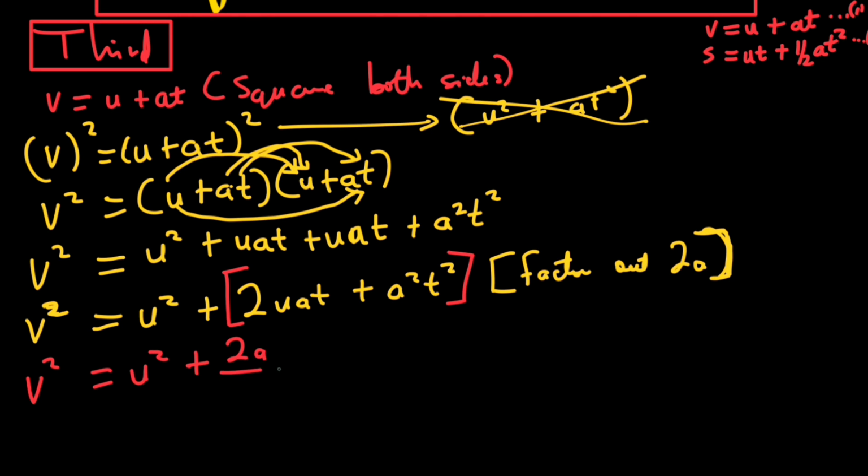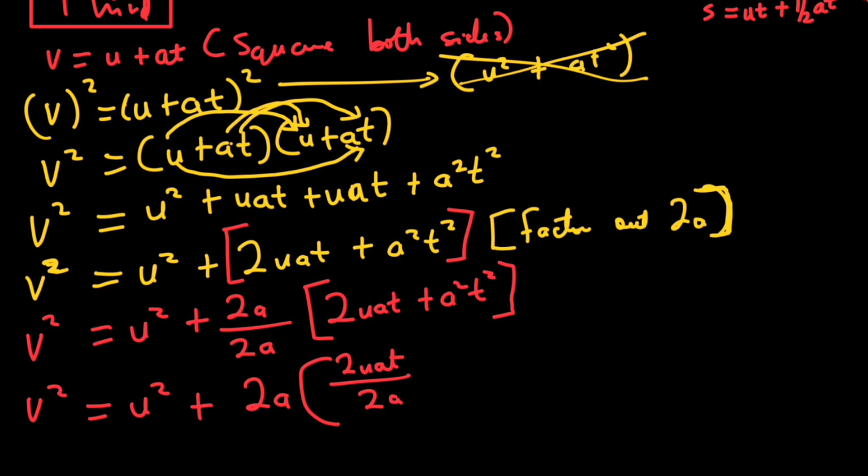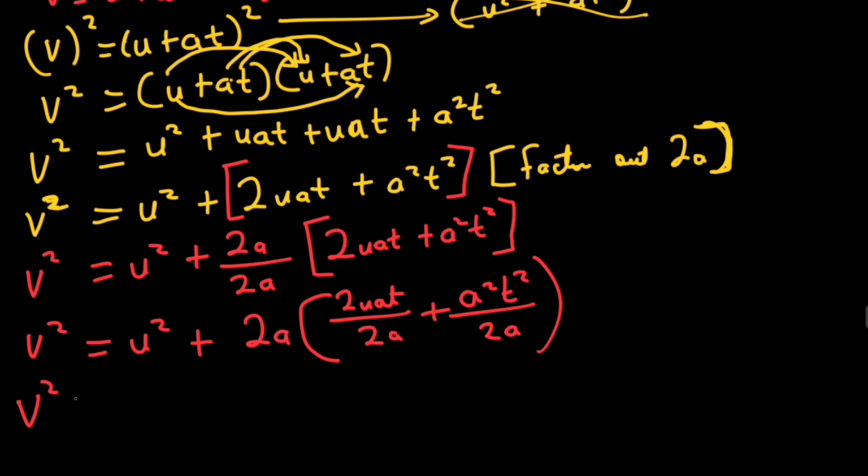We'll have u squared plus 2a, and inside the bracket, 2uat divided by 2a, plus a squared t squared divided by 2a.